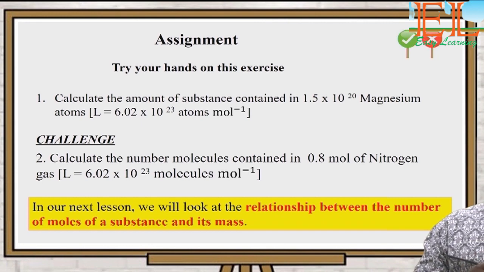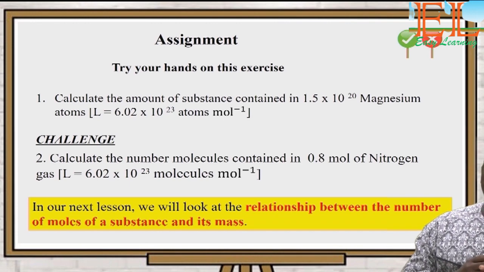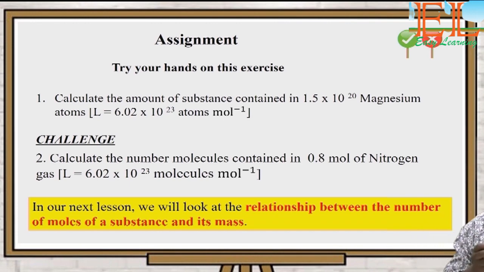Question 1. Calculate the amount of substance contained in 1.5 times 10 raised to the power 20 magnesium atoms, given that L, which is Avogadro's number, is equal to 6.02 times 10 raised to the power 23 atoms per mole.